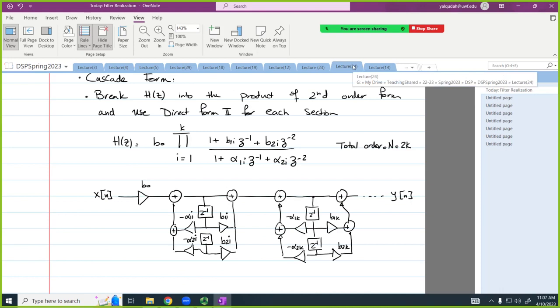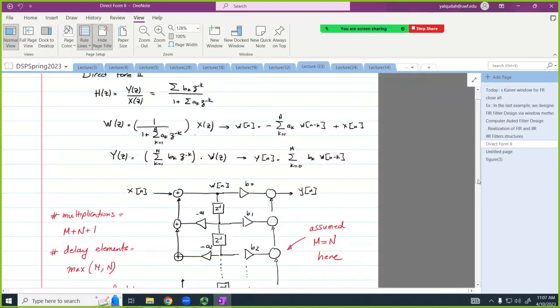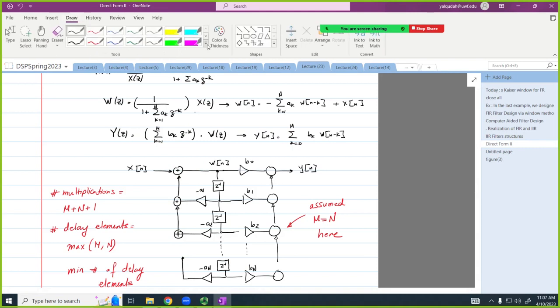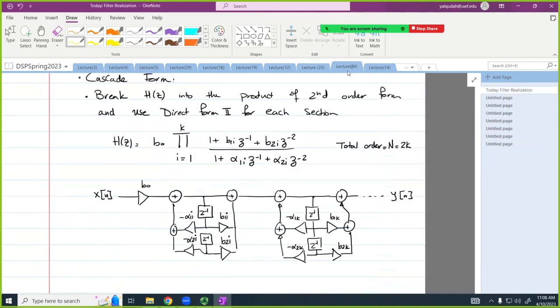So each one of these is a direct form 2, direct form 2, multiplied by each other. Again, this block here, if it is a second order, is the same as this one.